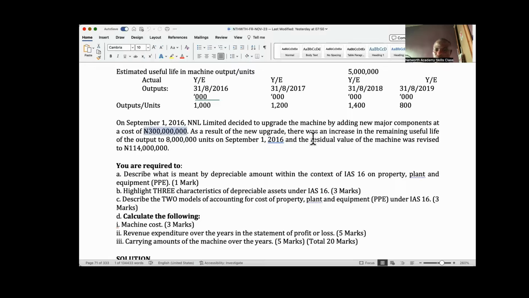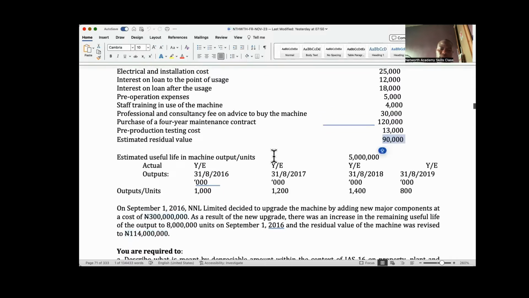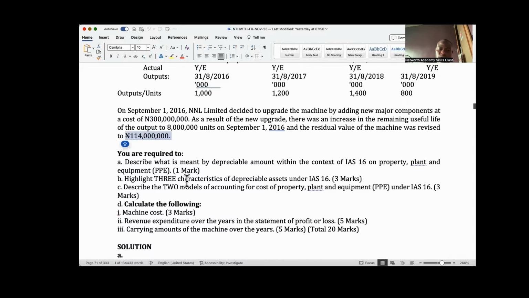Okay, and also, it results in a change in the residual value to 114 million. It used to be 90 million before. So it has changed to 114 million. We now said that you are required to: A, describe what is meant by depreciable amount within the context of IAS 16 on PPE, that for 1 mark.